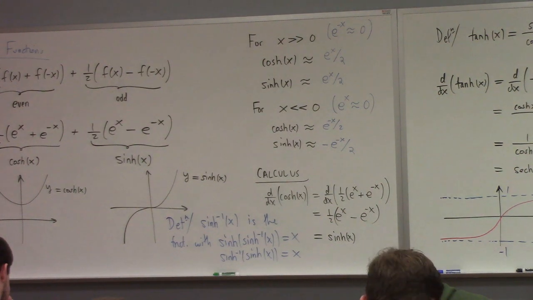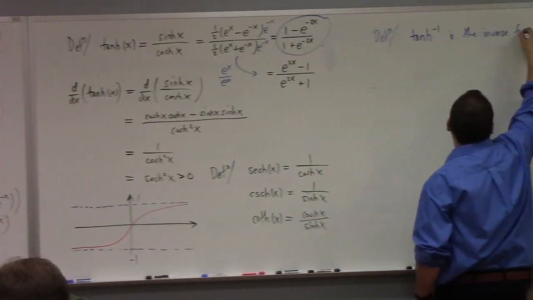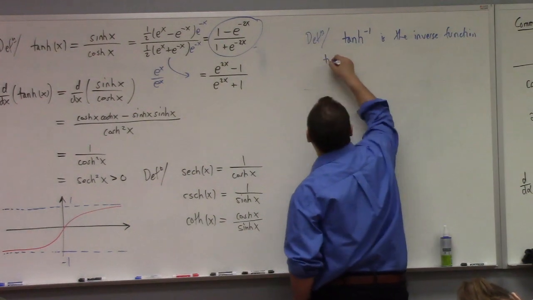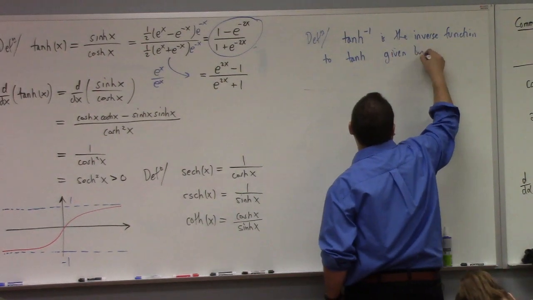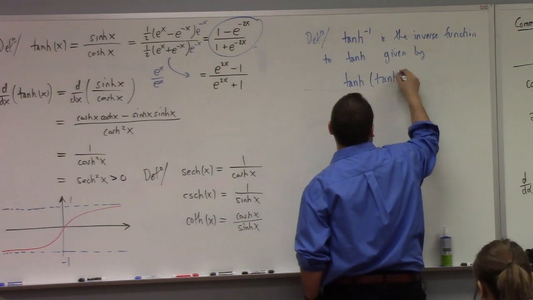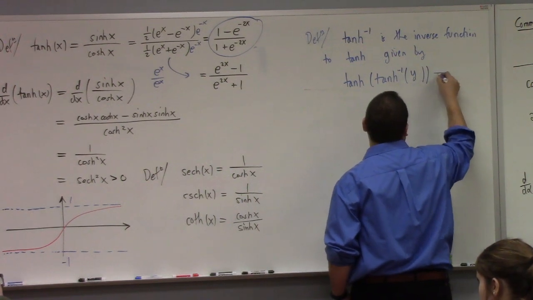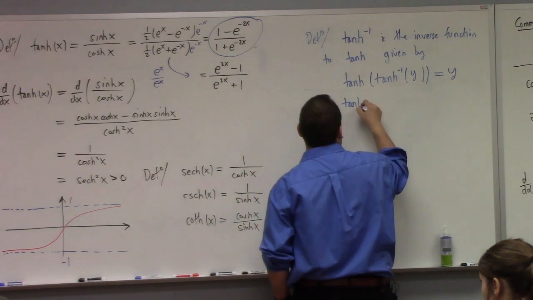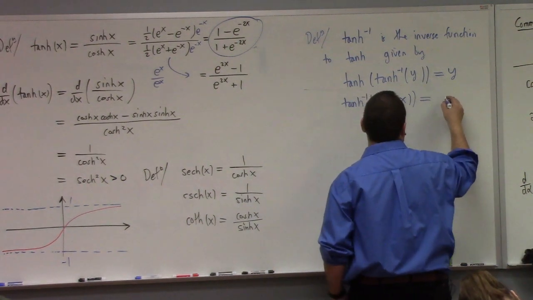So, definition: inverse hyperbolic tangent is the inverse function to hyperbolic tangent given by the following relations. Hyperbolic tangent of inverse hyperbolic tangent of, let's say, y equals y, and inverse hyperbolic tangent of hyperbolic tangent of x is equal to x.